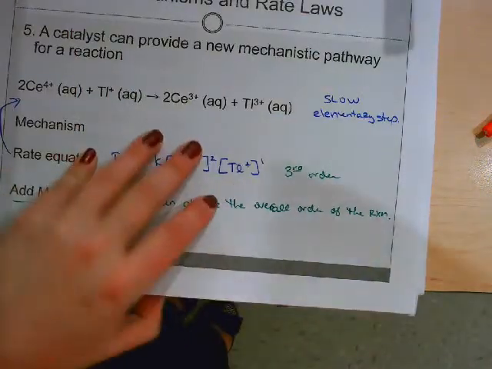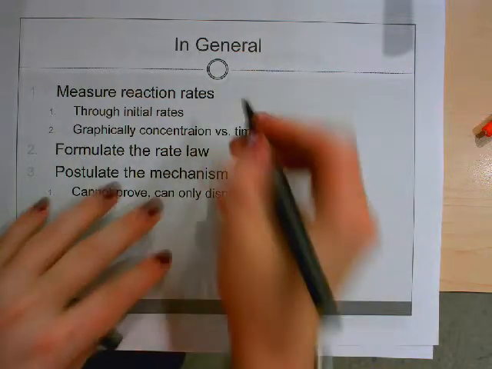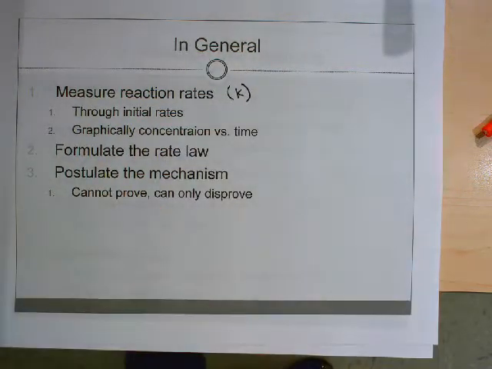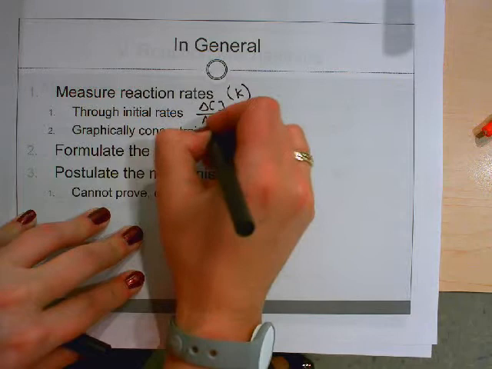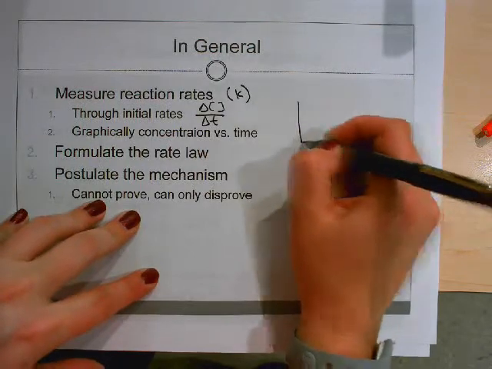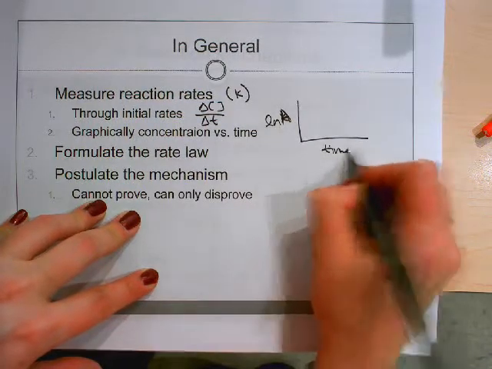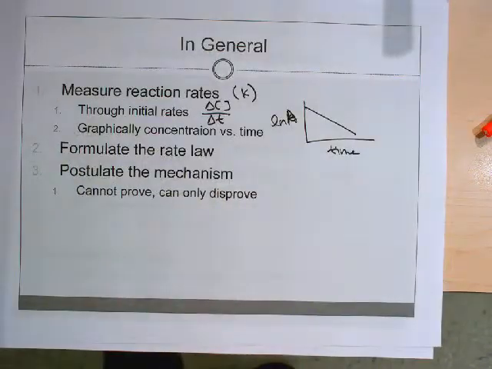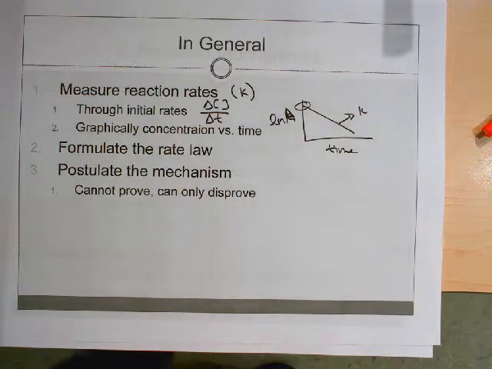Alright, my concluding thought on chapter 13. So, in general, we can measure reaction rates, little k's, either through initial rates, right, something like that, or graphically. Right, I can graphically do that, and then that's that, and then where that point is.